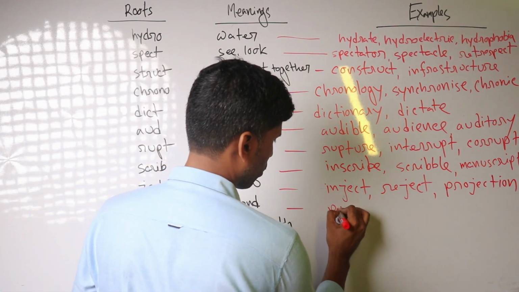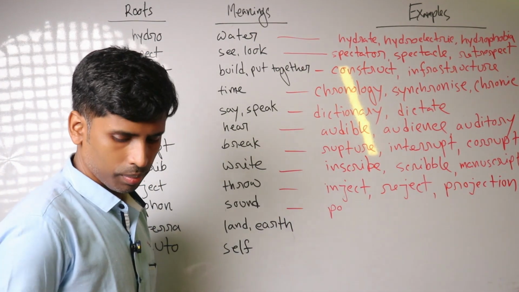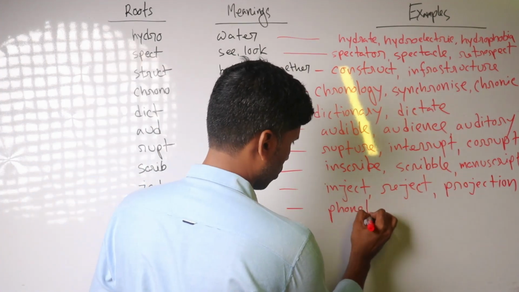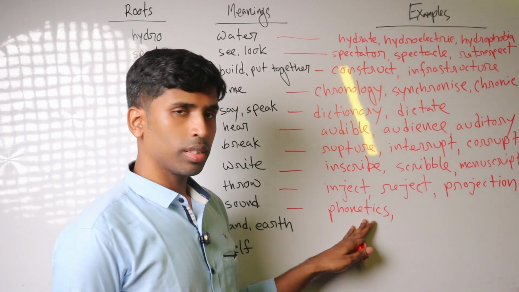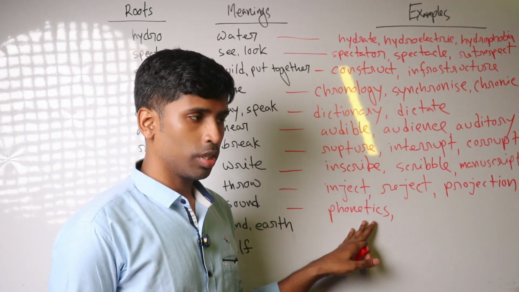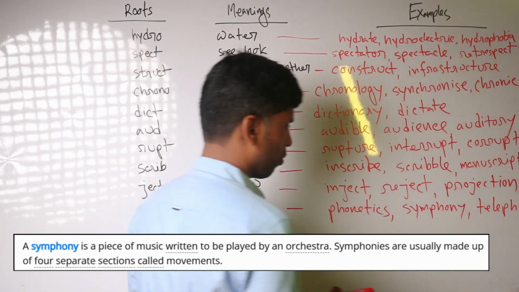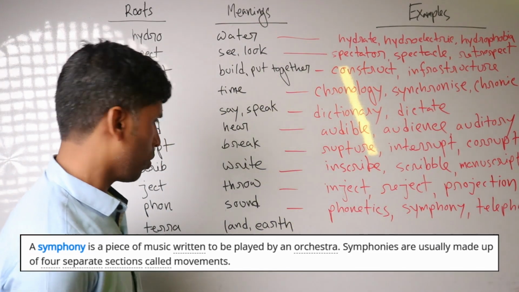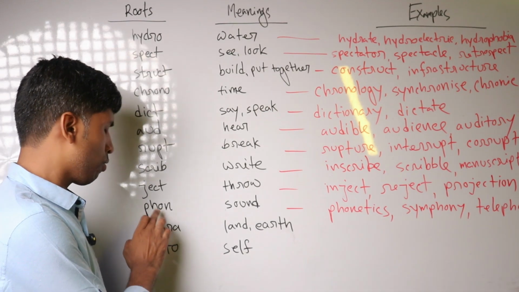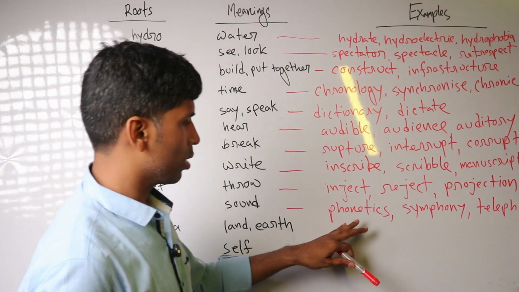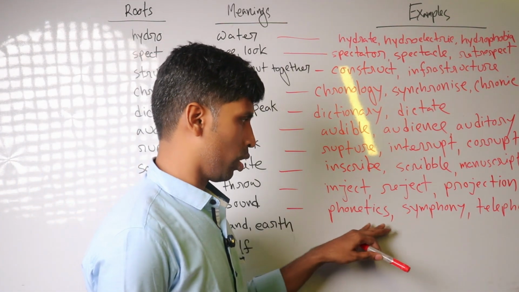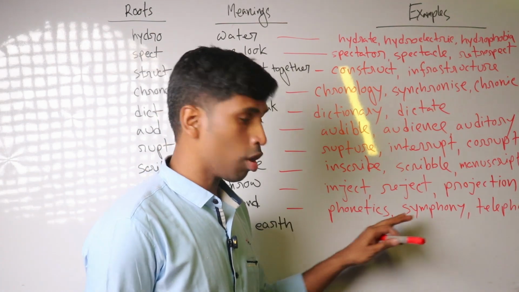Then we have phon, which means sound. So we have phonetics, the study of speech sounds. Telephone. So with your knowledge of the root phon, you can guess the meanings of these words, at least part of the meaning.